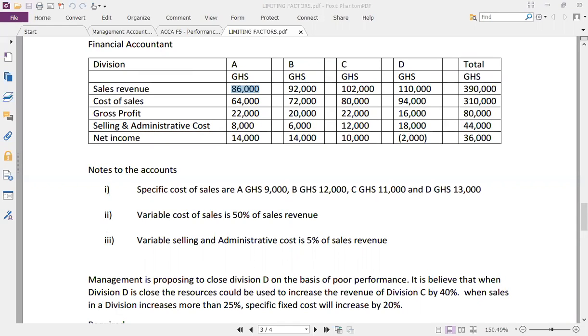If the total cost is 8,000, then the fixed cost is the remaining balance. So let's take note of that. The fixed cost will be the remaining balance.